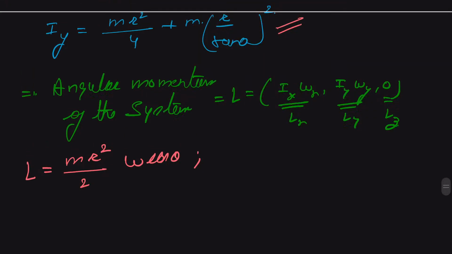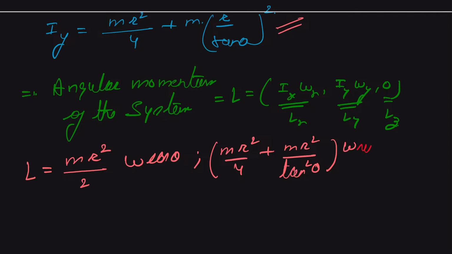So we have m r square upon 4 plus m r square upon tangent square theta, and omega of y is our omega sine of theta, and for z it is equal to 0.